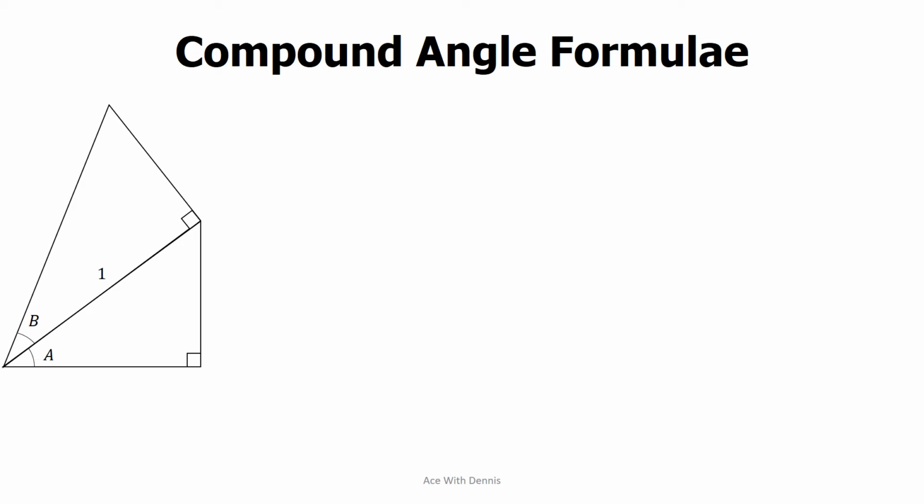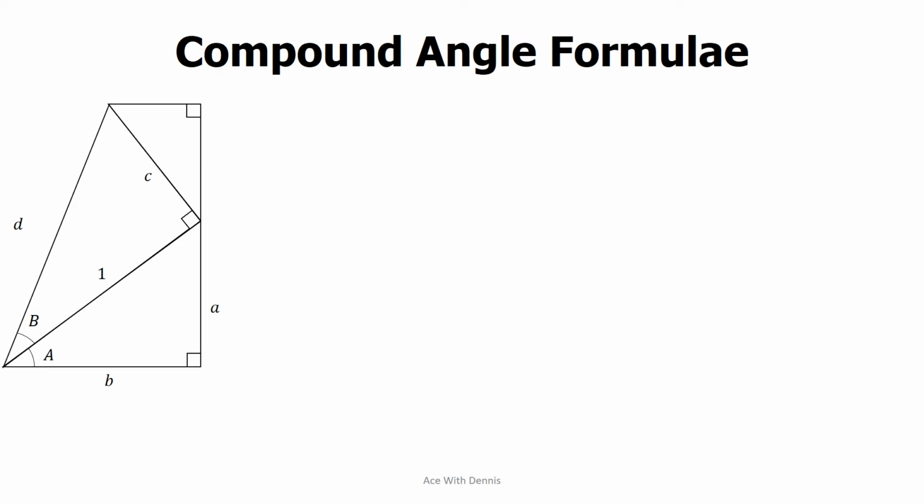Let's label it as 1 unit. Now, the opposite side for angle A will be small letter a. The adjacent side will be small letter b. Then the opposite side for the angle B will be c, and the hypotenuse will be d.